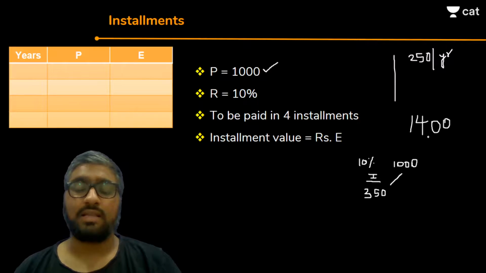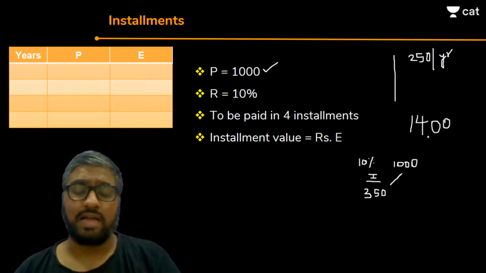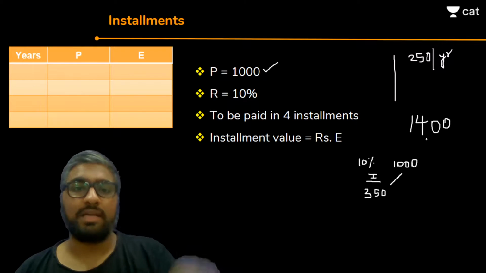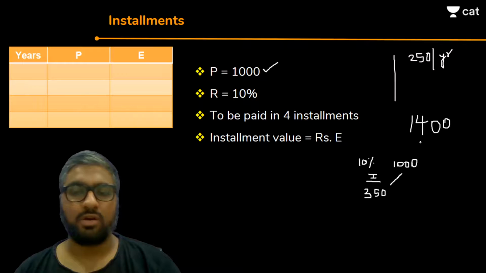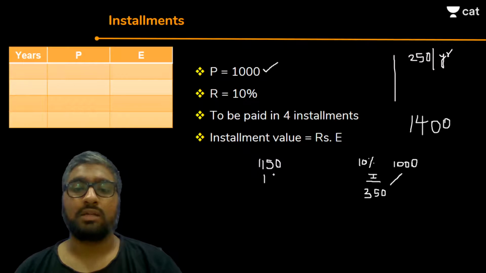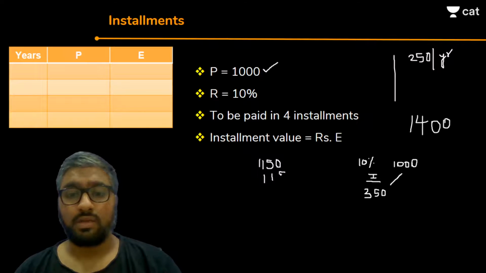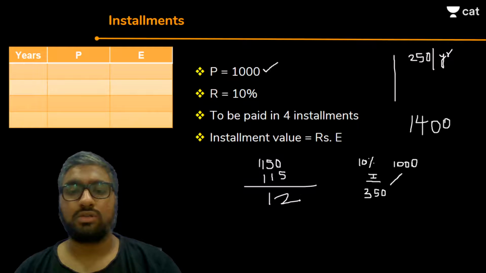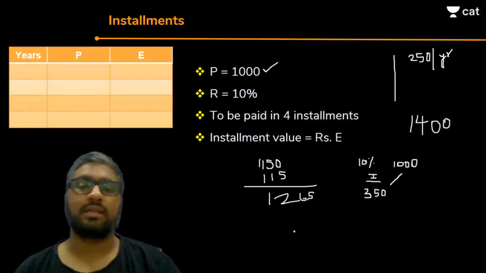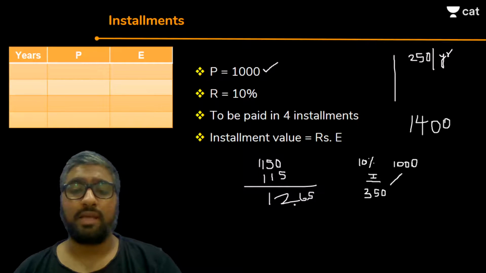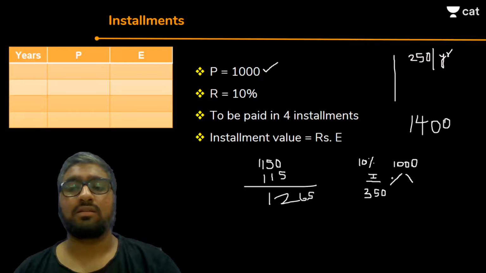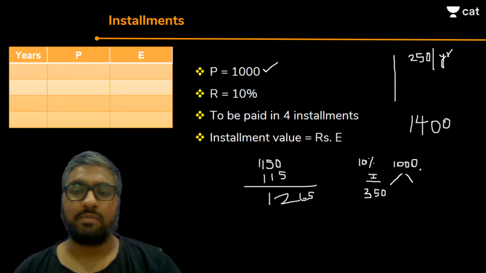1,050. On that 1,050, you should pay me interest also. So that 1,050, 10 percentage extra would give me 115, roughly. You would be paying me 1,265's one third, or whatever is the EMI for that particular.